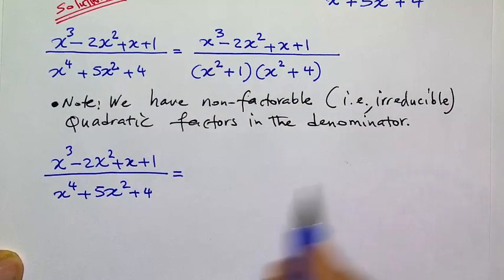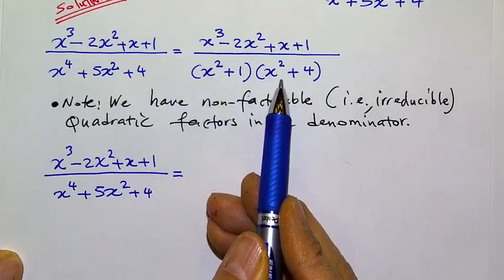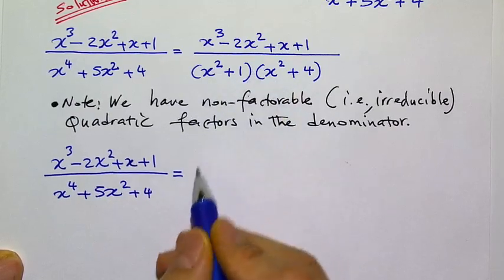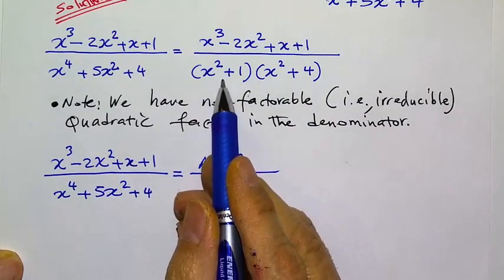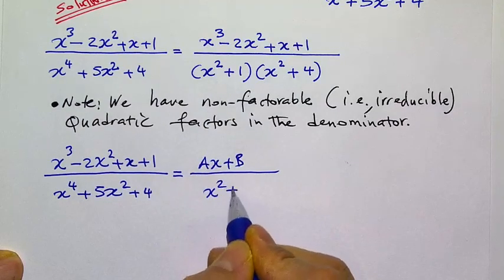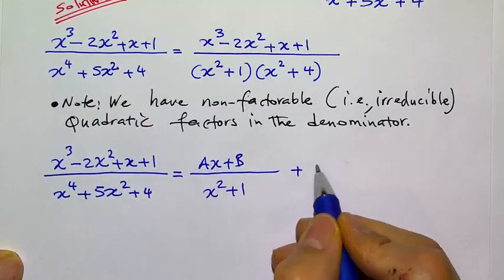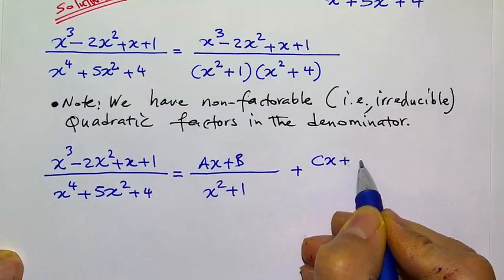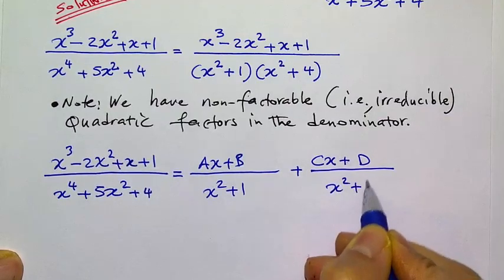We can't do that here. When we have irreducible quadratic factors that are non-repeating, we should have ax plus b divided by each of those irreducible quadratic factors. So x squared plus 1 plus, we've already used up a and b, so we say cx plus d divided by x squared plus 4.